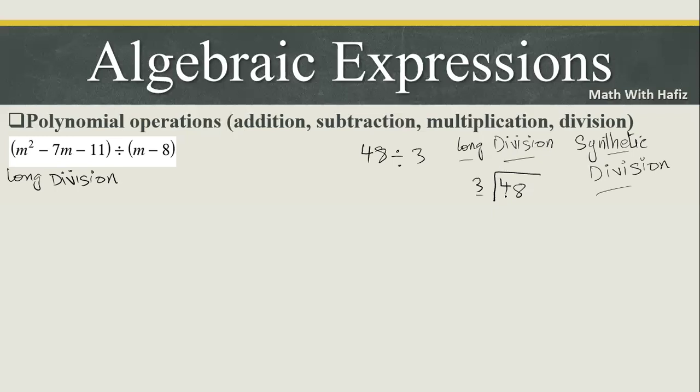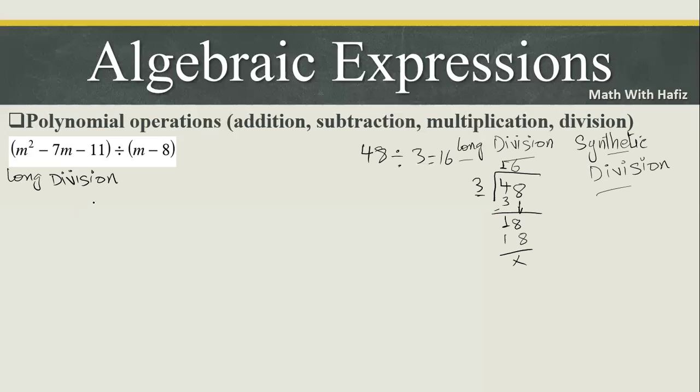The closest number you can get from 3 is 3 itself, because 3 plus 1 is 4. So you multiply by 1, you get 3. You change the sign: 4 minus 3 is 1. So you have remaining 1, and you bring down the number from above. It will be 18. And we know 6 multiplied by 3 is 18, and you do not have any remainder. So it is equal to 16. You will follow the same exact method in long division with polynomial expressions.